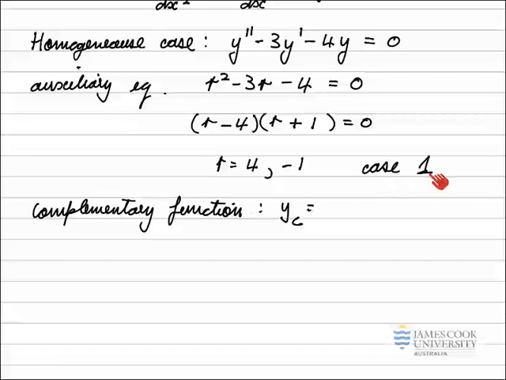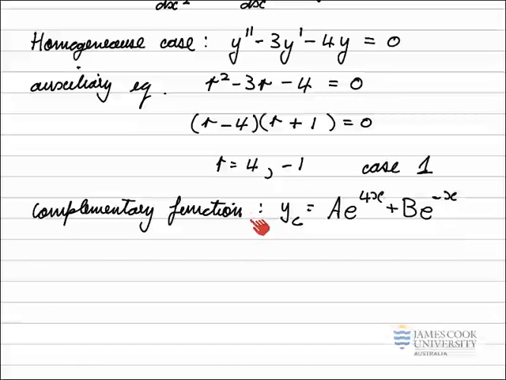Remember, in that case 1, two distinct values to the auxiliary equation. So the general solution is a e to the 4x plus b e to the minus x. The general solution has two arbitrary constants, and my two values for r are the coefficients in front of the x in the exponents of the exponentials.